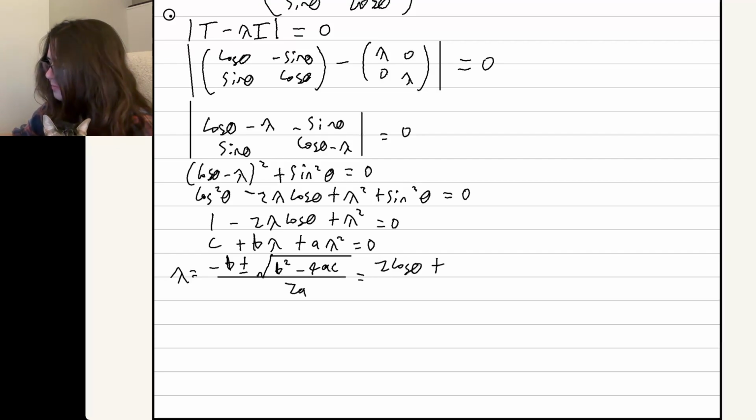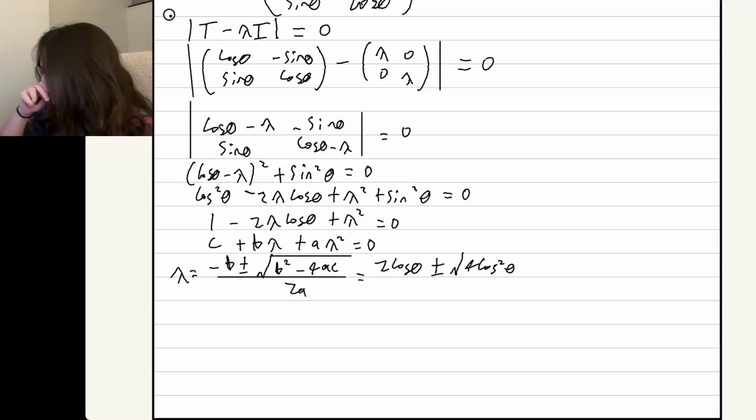Then we get the plus or minus. b squared will be 4 cosine squared theta, and then it's minus 4 times 1 times another 1, so it's just 4 in there, and then this is all divided by 2 down here.